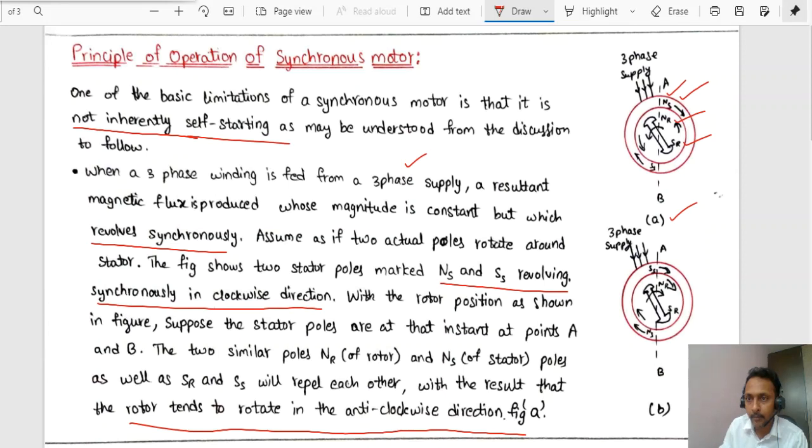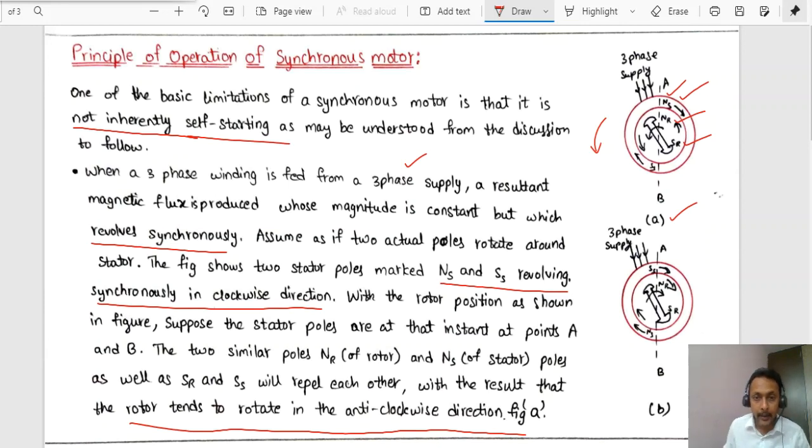Obviously, the stator south pole and the rotor south pole are also at the same position. At that point of time, the rotor experiences a torque, because north pole and north pole repel each other, and because of that the rotor tries to rotate in the anti-clockwise direction.